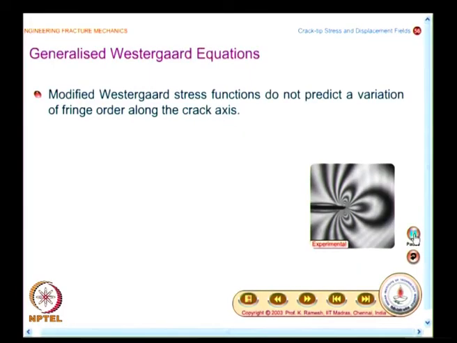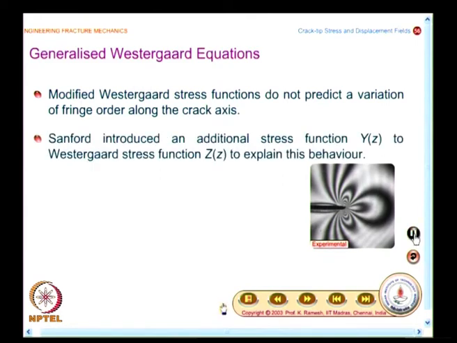So, we have to have a relook at it. And what is the kind of modification that you can think of? Sanford introduced an additional stress function Y(z) to the Westergaard stress function capital Z(z) to explain this behavior.